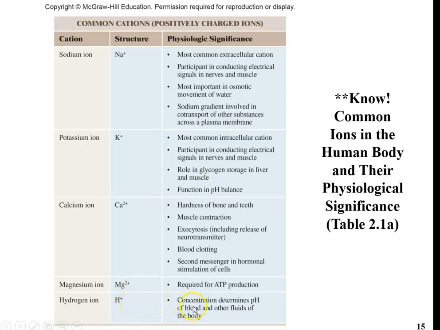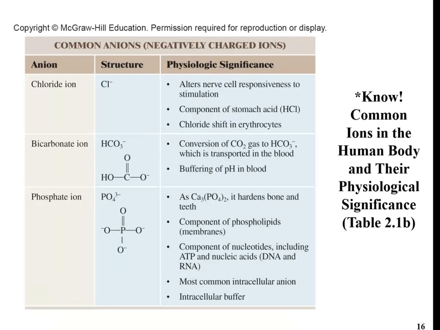Hydrogen, important to know that concentration of hydrogen determines the pH of the body fluid that you're studying. Chloride, not only a component of stomach acid in the form of hydrogen chloride, also alters nerve cells' responsiveness to stimulation. Bicarbonate, you should know, buffers pH in blood because it is a base.